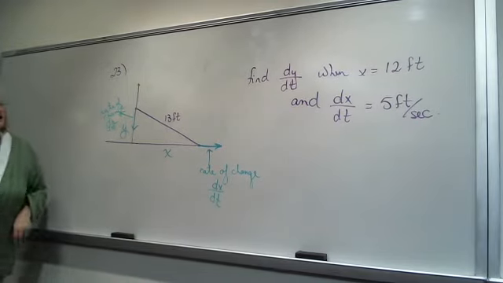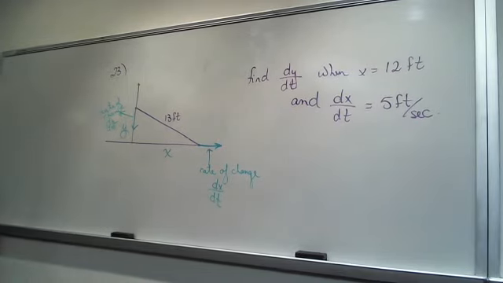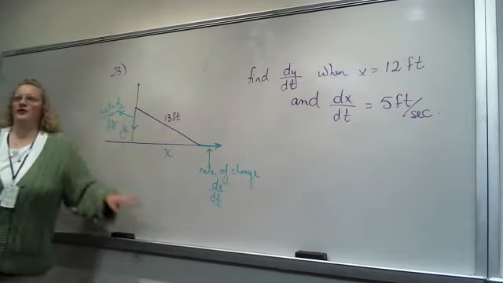Okay. So in order to find dy/dt, we have to come up with an equation that has a dy/dt in it. Dy/dt comes from taking a derivative of y. So now when you come back to your picture, I have to somehow come up with a way to relate my variables.